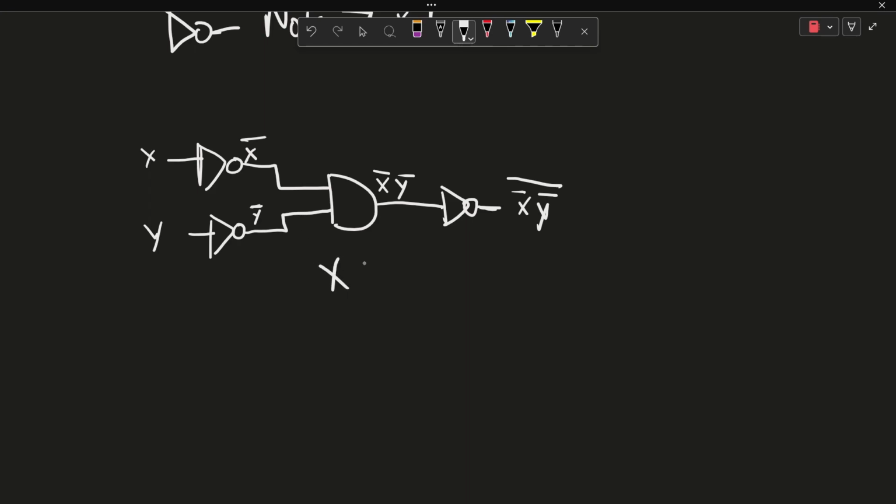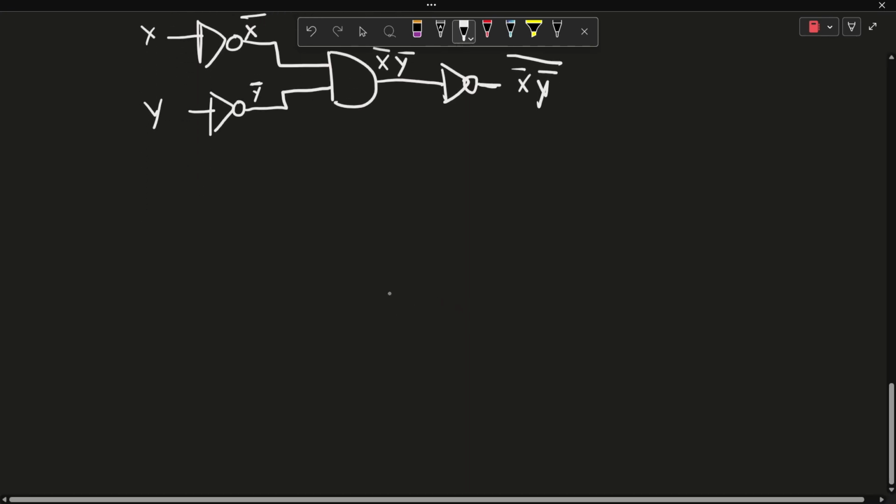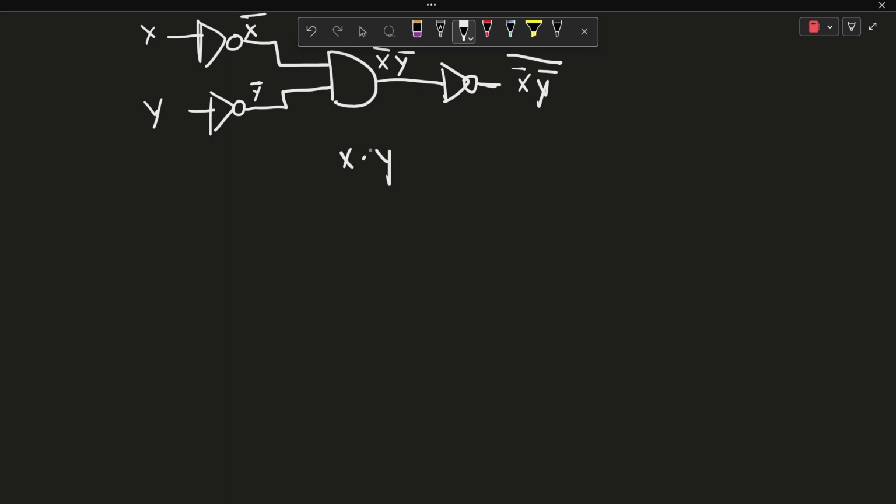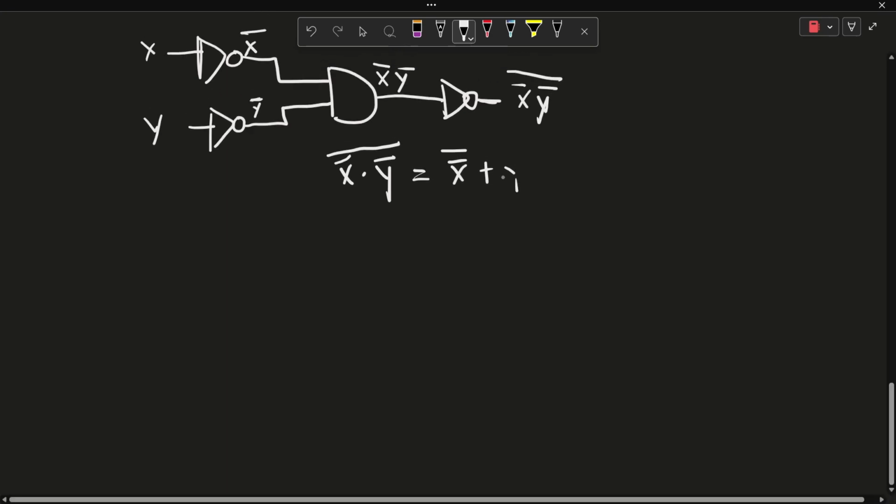So X, we'll write that there to make it more visible. That is equivalent, De Morgan wise, to X not plus Y not, not.